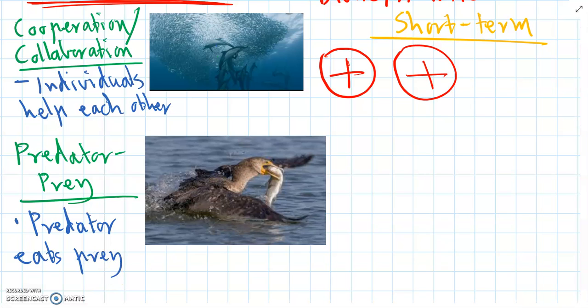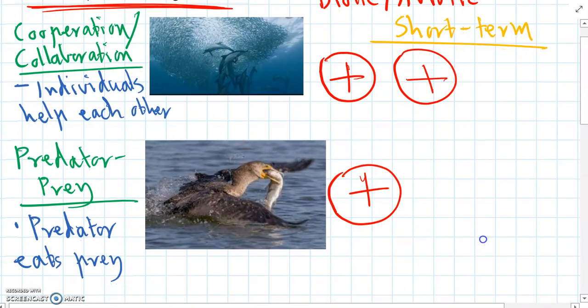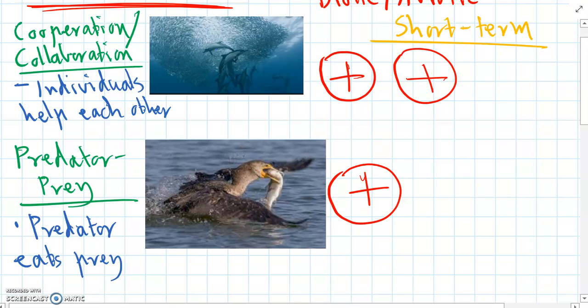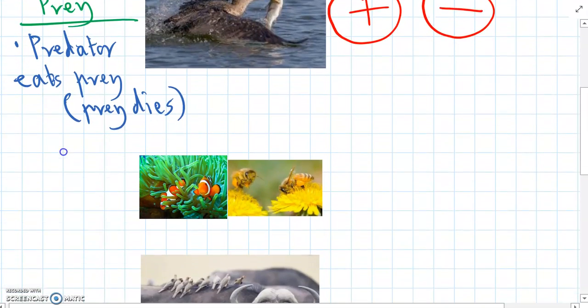So in this case, the predator benefits. It gets a delicious meal and it gets energy to help it survive. But obviously the prey has a negative outcome. It's harmed and it dies. The prey always dies in a predator-prey interaction.